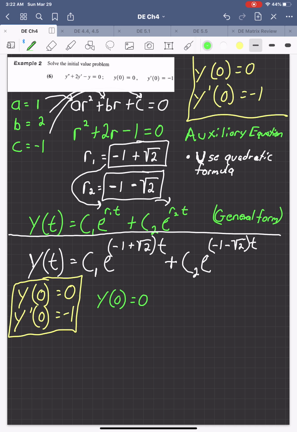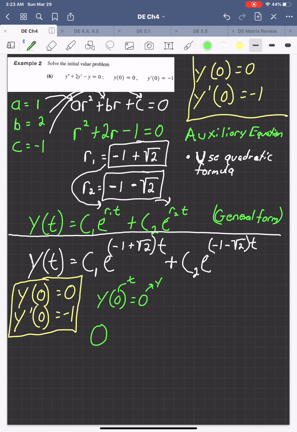So that means that when you plug 0 in for t, you should get back out 0 for y. So what's going to happen right now is I'm going to take this general form, I'm going to plug zeros in for the t's, and I'm going to make y equal to 0. Ready? So let's do that.